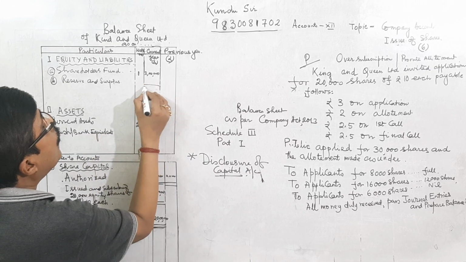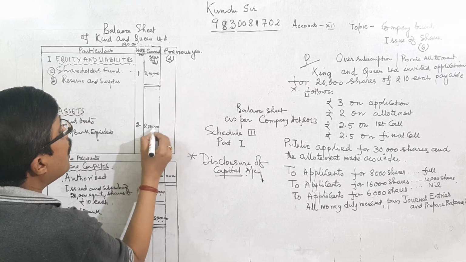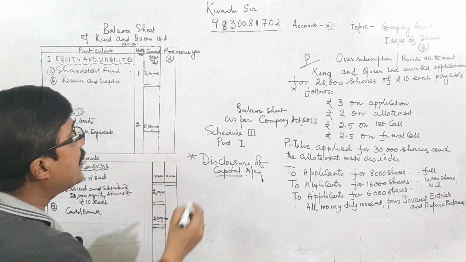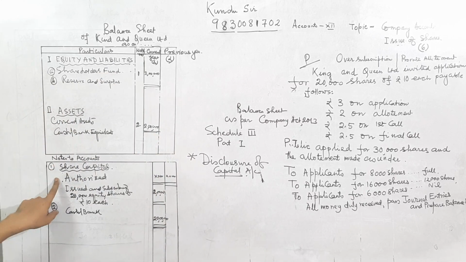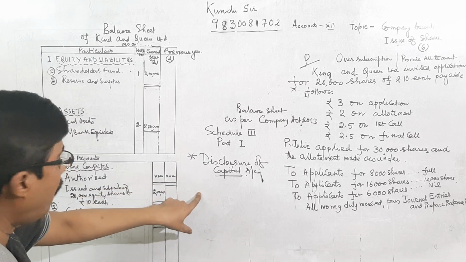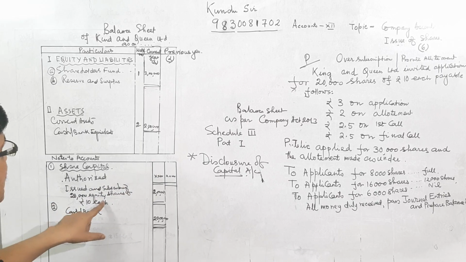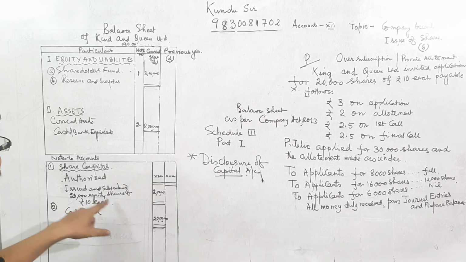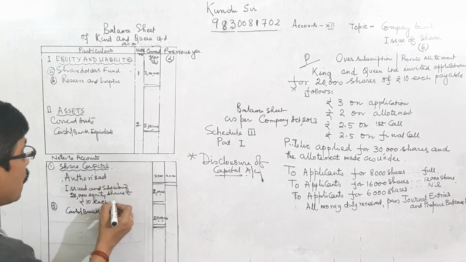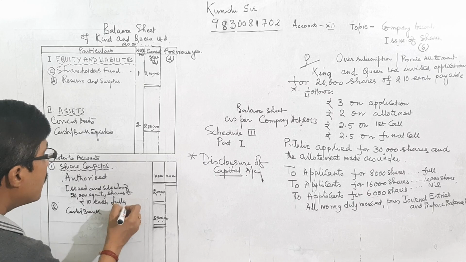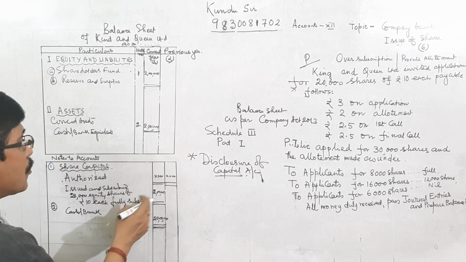We have given here the disclosure of capital. Share capital authorized, we don't know. Issued and subscribed 20,000 equity shares of rupees 10 each, fully subscribed, that is equal to 2 lakhs.